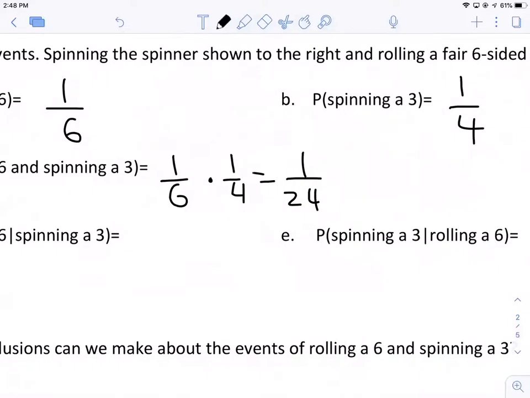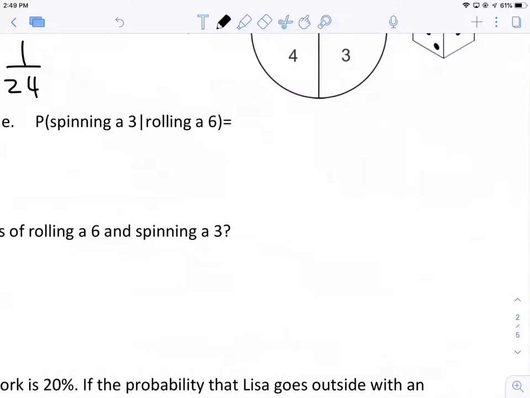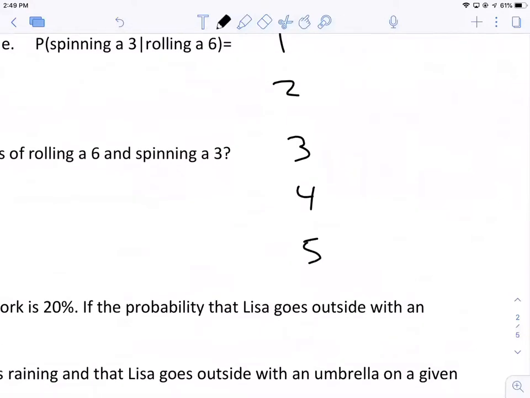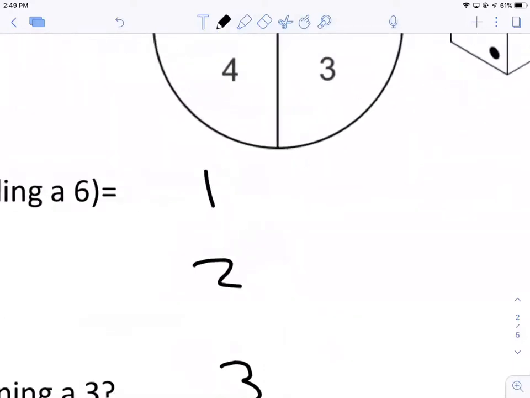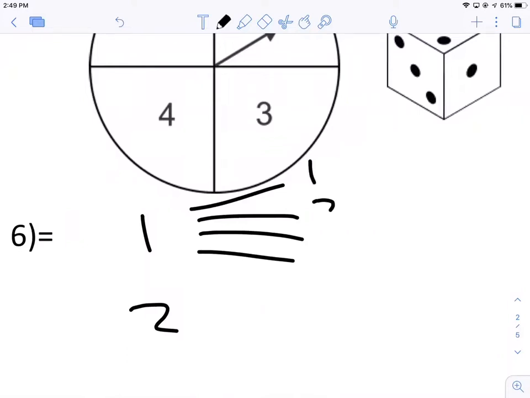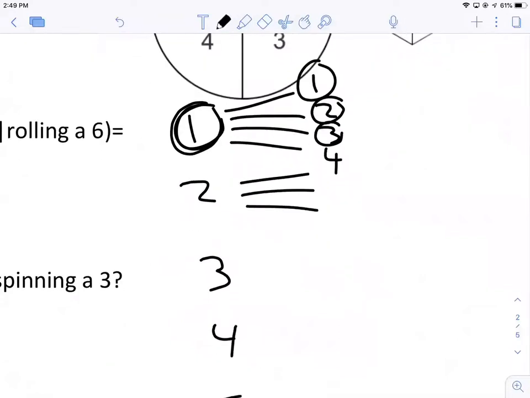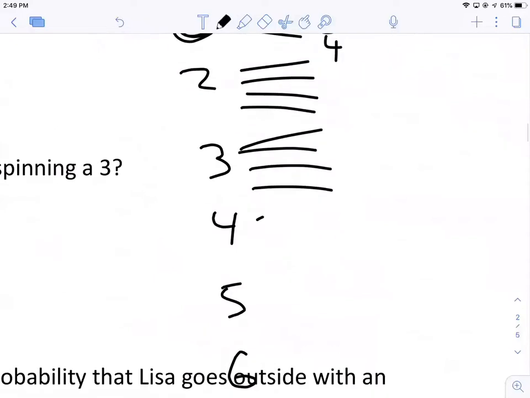Right, this should also make sense if I draw a sample space, like a tree diagram sample space. I'll do that real quick. So these are all the possible outcomes when I roll a die. And then if I roll a 1, well, then I have 4 additional possible outcomes once I spin the spinner. I can roll a 1 and then spin a 1, roll a 1, then spin a 2, roll a 1, spin a 3, roll a 1, spin a 4, right? And same thing for all these.